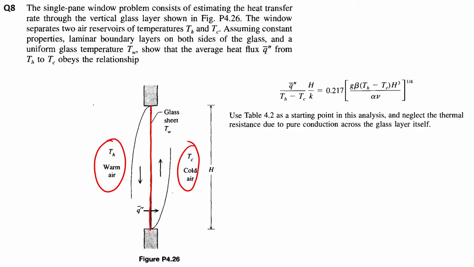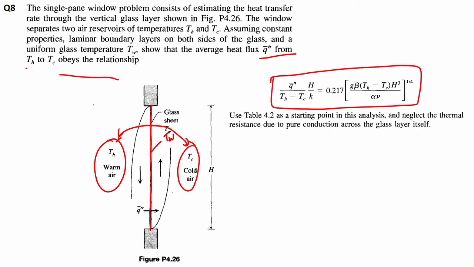Assuming constant properties, laminar boundary layers on both sides of the glass and a uniform glass temperature, which is TW, show that the average heat flux q'' from this to this obeys the relationship given here. You are supposed to choose table 4.2 as a starting point in this analysis and neglect thermal resistance due to pure conduction across the glass layer itself.